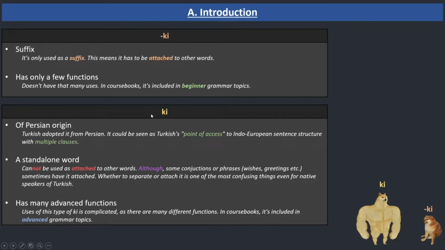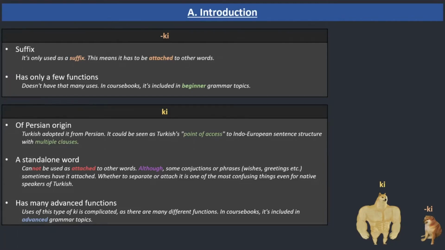The other one is an article, and we adopted it from Persian. We use it for a relative clause sentence structure. We will explain that next week. The suffix ki has only a few meanings, like 3 main meanings.